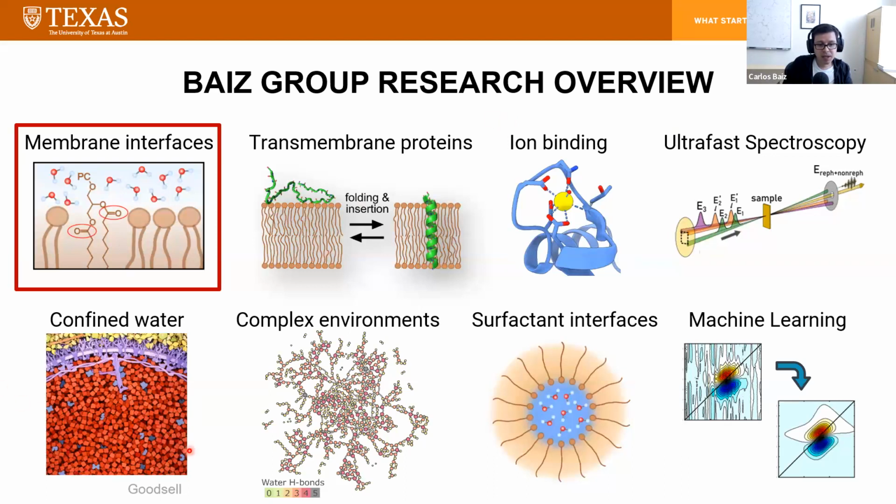And other projects are on understanding confined environments, for example, the environments you would see in the cytosol of a cell. As you can imagine, the dynamics of the water molecules, the way that water molecules interact with each other inside of a cell, is quite different compared to bulk water. The reason for that is because water has extended hydrogen bond networks. I'm going to talk a little bit about that later in the talk.